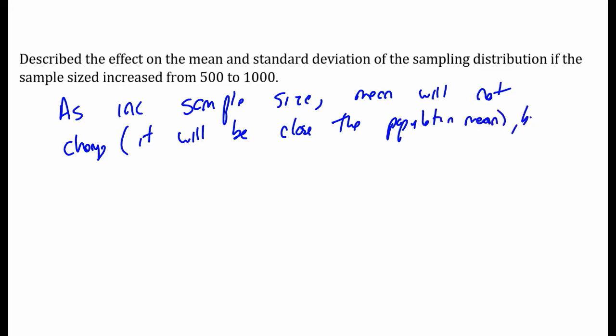But the standard deviation will decrease. As I increase sample size, the variation in my p-hats and my x-bars will get smaller, so my standard deviation will decrease. So as we increase our sample size, the mean won't change. It'll still be centered around the true population mean or proportion, but the standard deviation will decrease.